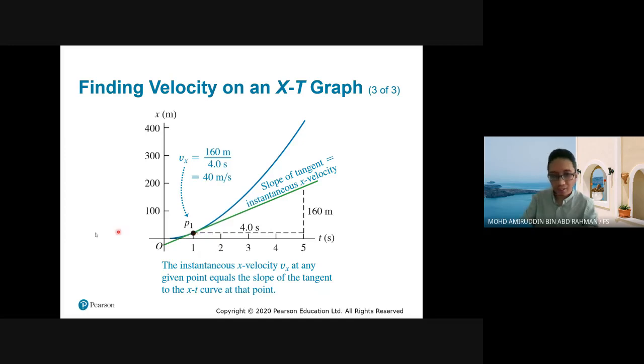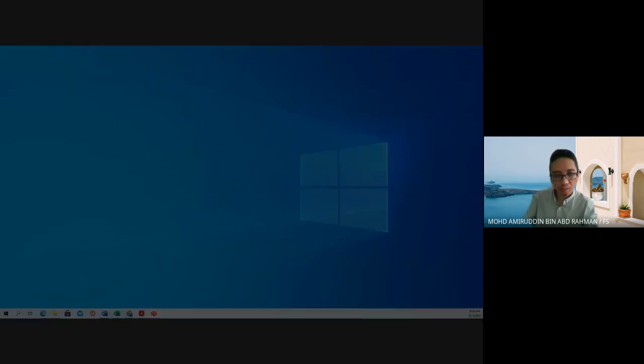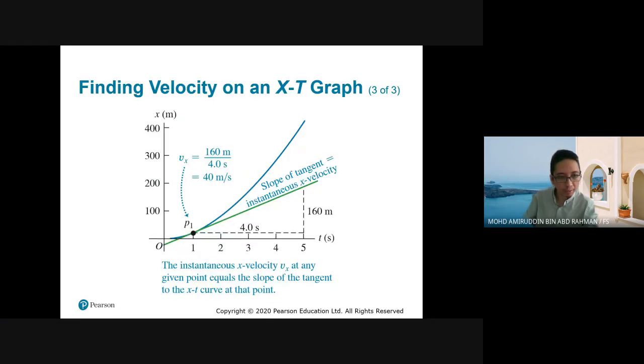For the tangent, you look at the point where you make a straight line with a point. Let's say you are looking at P1.